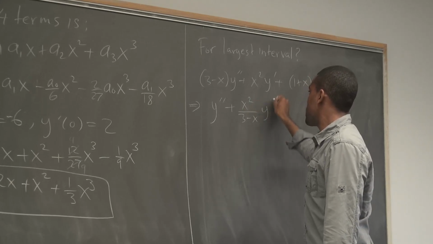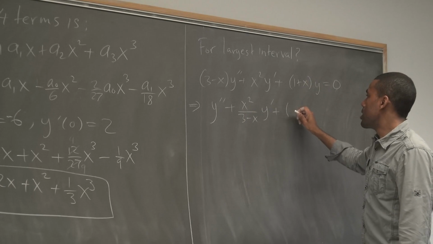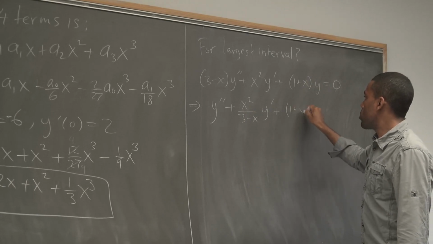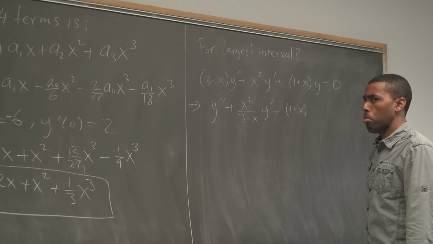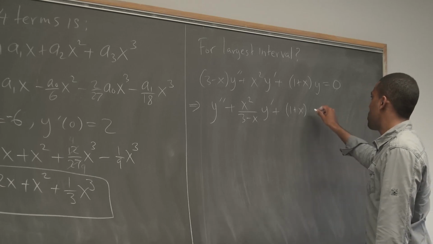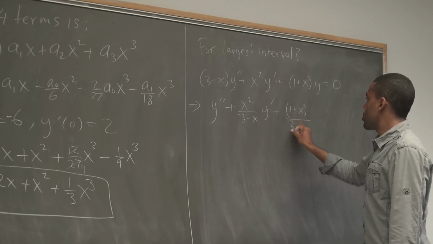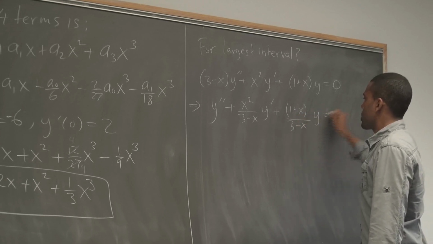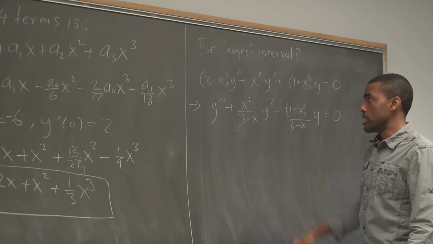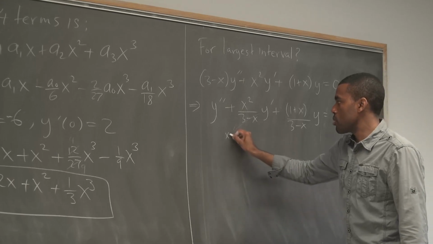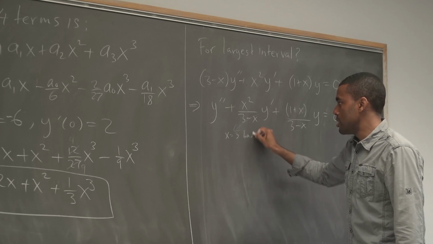I forgot what section we did this in, but we definitely did it before, probably in 3.1 or 2. Something like that. So 3 minus x. So the idea is, where this is 0, that's bad. Remember, it's not an ordinary point. So x equals 3 is bad.